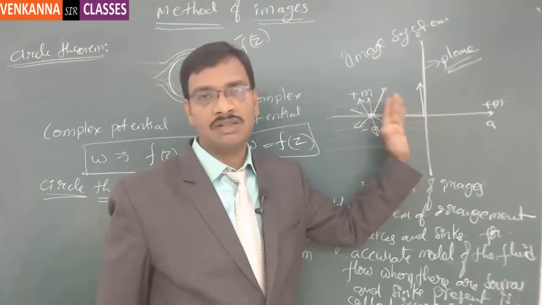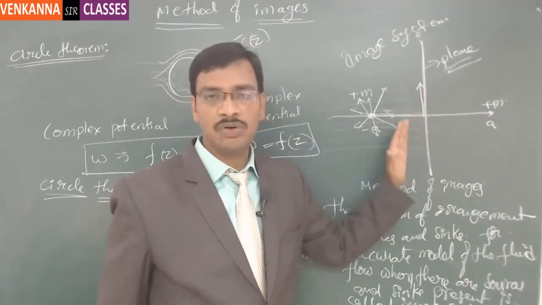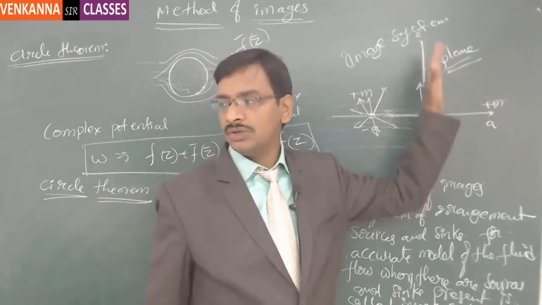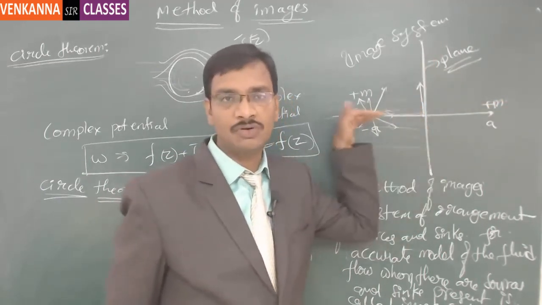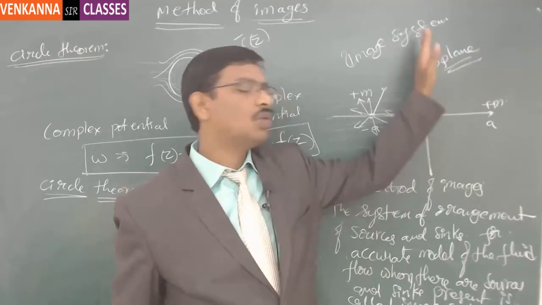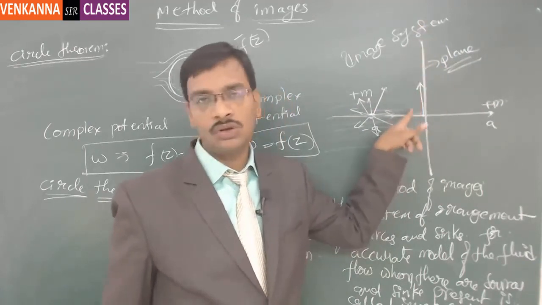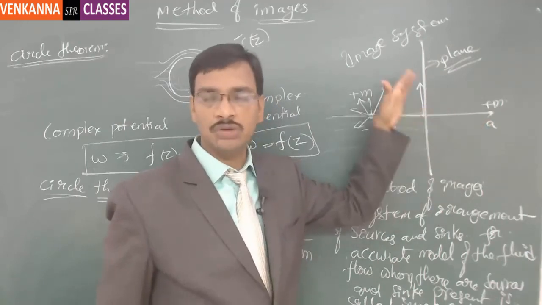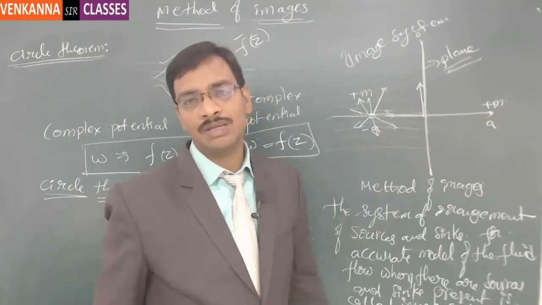Because when there is a rigid boundary, the fluid will not cross the boundary and go. It has to stop here. That means if the fluid is coming till this point, it has to go tangentially at any point. This arrangement of sources and sinks, which will assure the tangential flow, is called the image system.